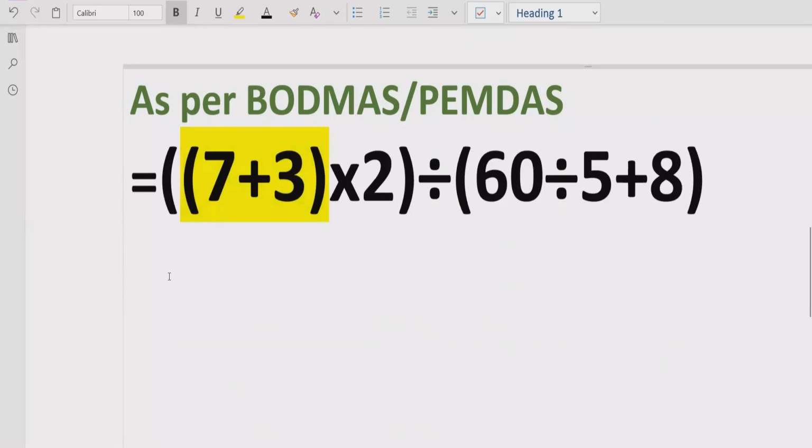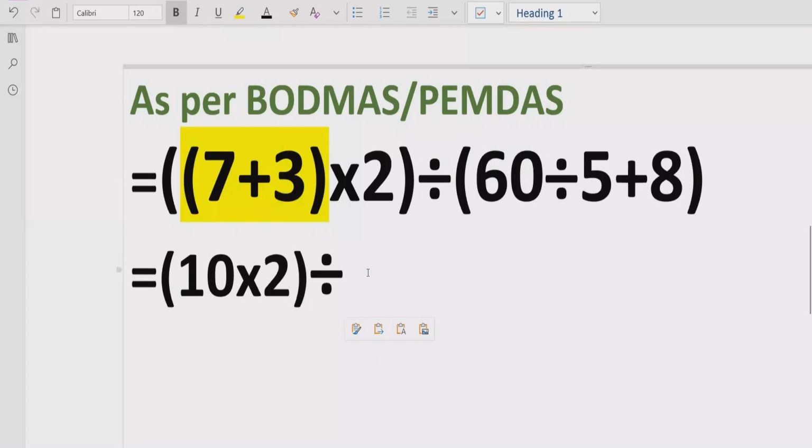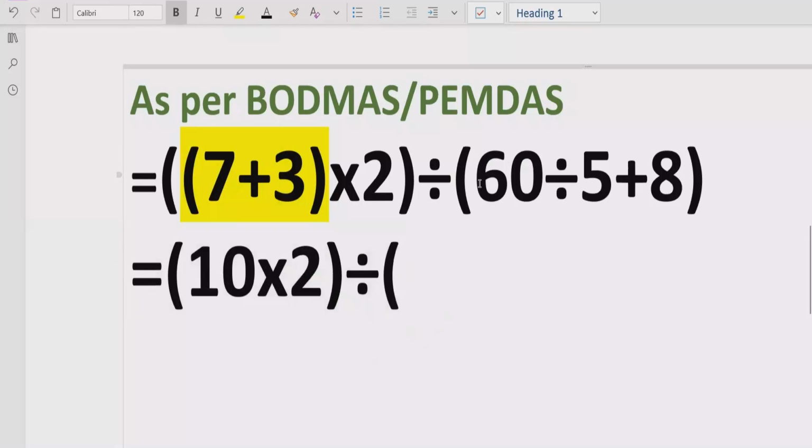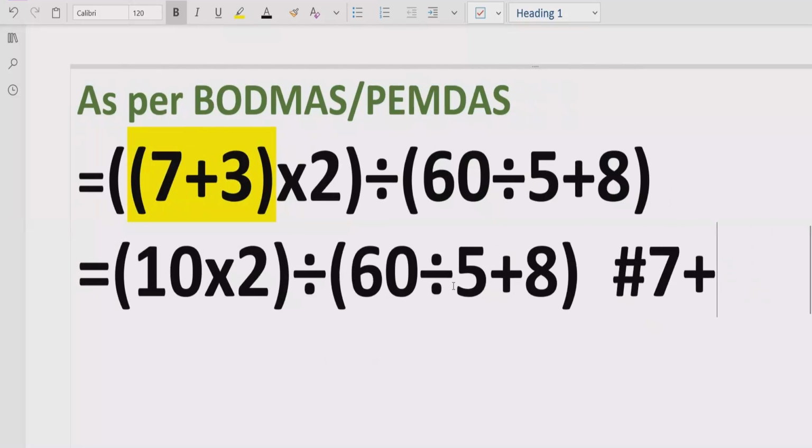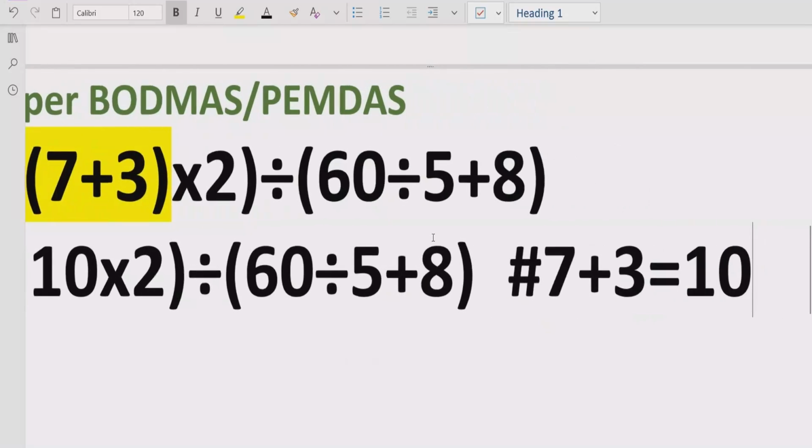So 7 plus 3 equals 10, multiplied by 2 and divided by, we will write here as it is. And now this part again I'm writing as it is because we will solve each step in one line. So 7 plus 3 equals 10.